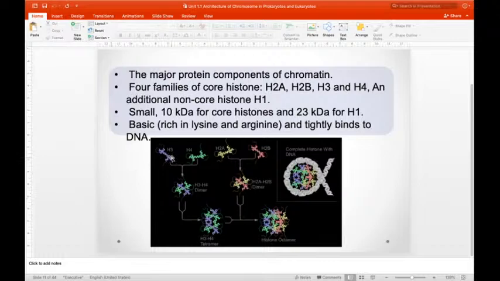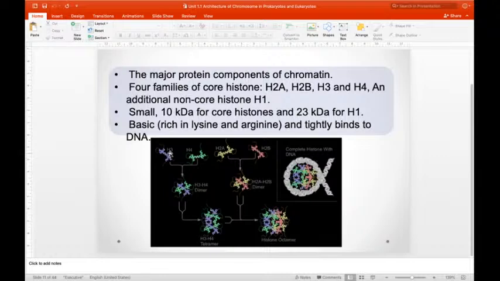Here you can see H3 and H4. They make a dimer together, H3 and H4, and H2A and H2B together make an H2A-H2B dimer. Together, two H3-H4 dimers make a tetramer. With this H3-H4 tetramer and the two H2A-H2B dimers, it makes a histone octamer, and this is a complex of histones with DNA.